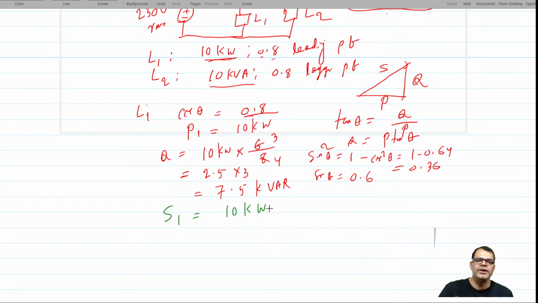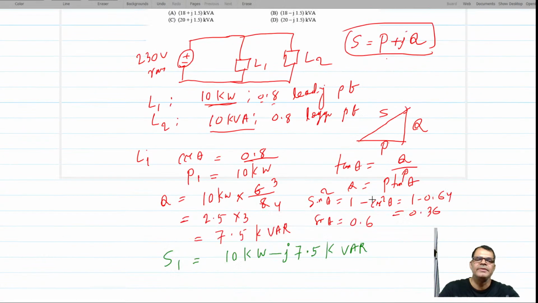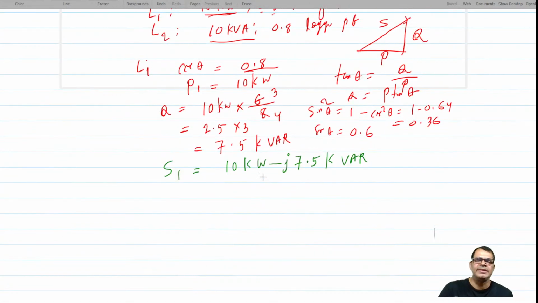I have told you for a leading load you have to include a negative sign, minus j 7.5 kilovar. Or you can simply write 10 minus j 7.5, because its unit is volt ampere. So 10 minus j 7.5 kilovolt ampere.